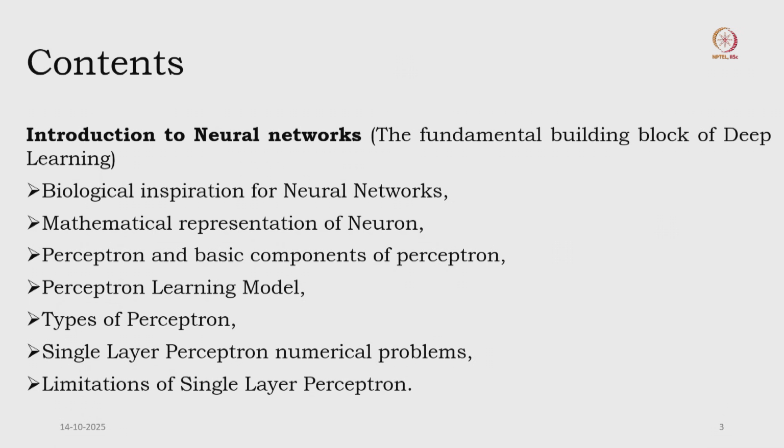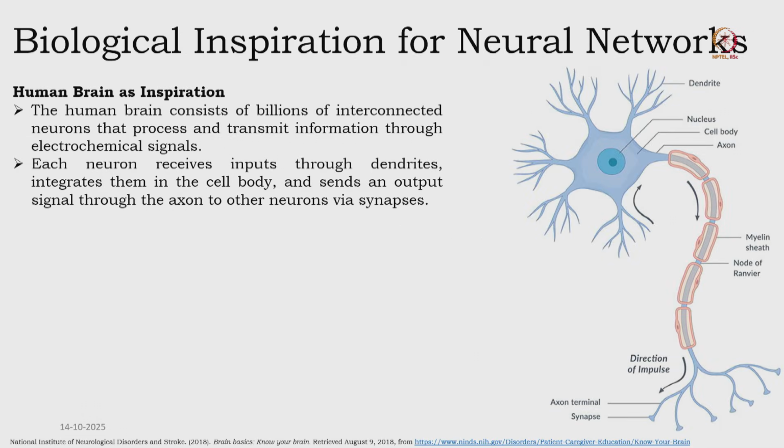Before we go into an artificial neuron, let us understand the working mechanism of the biological neuron, which is the basic inspiration for building a neural network. The human brain contains billions of neurons that are interconnected with each other.